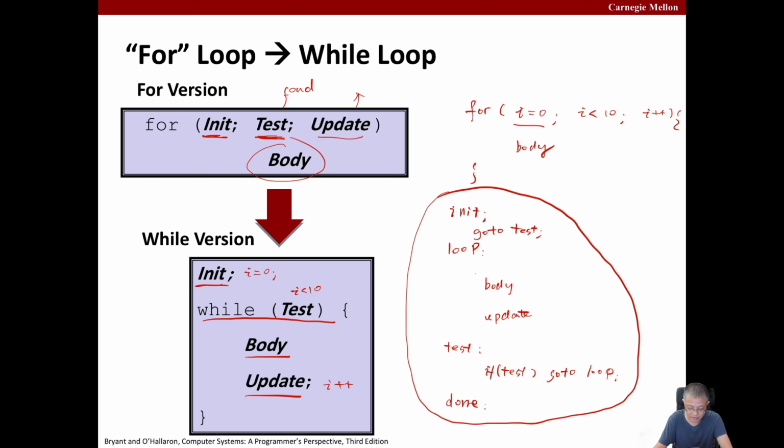We first do the initialization. Then we go to the test. At the test, if the test condition is true, we go to loop. After executing the body of the loop, we do the update. Okay, those are the parts of conditional code and conditional branches you need to understand for this course.